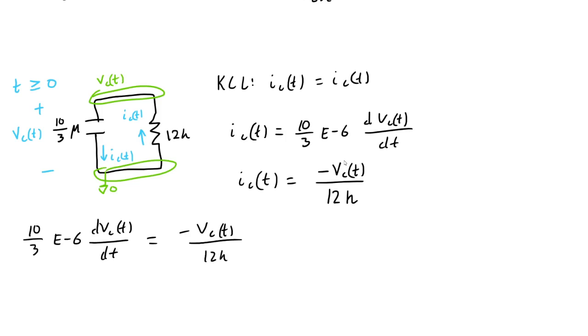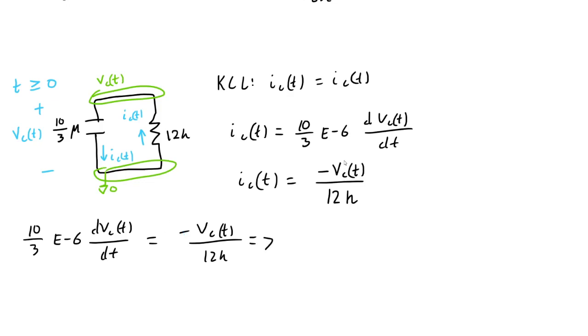The reason it's negative is because I drew the current going this direction, and I did that because the current through the capacitor is determined by this derivative. So it doesn't change anything. I wanted to make it so that when I add this to the other side, it becomes plus and gets in our standard form.